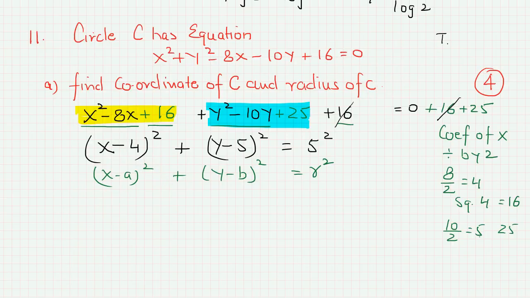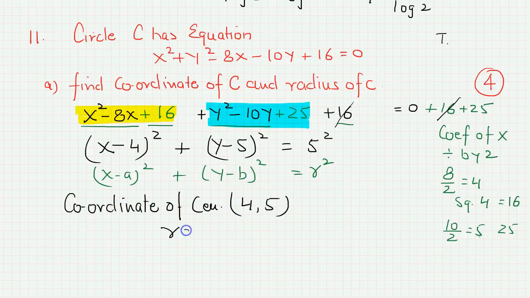So the coordinates of the center are a is 4 and b is 5, and the radius is also 5.